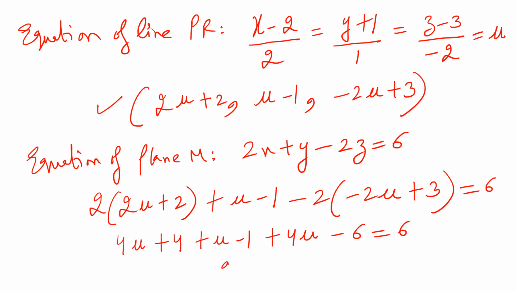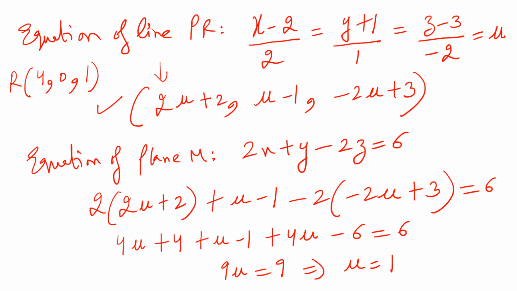From here we get 9 mu equal to 9, or mu equal to 1. So students, when I put the value of mu as 1 in the general coordinates of any point lying on the line PR, then I get the coordinates of the point R as (4, 0, 1). Now students, we move further.